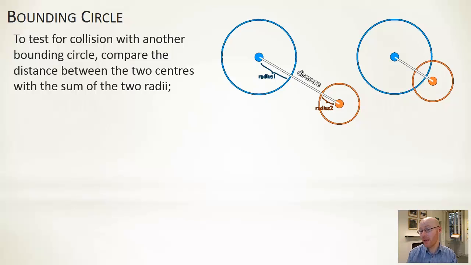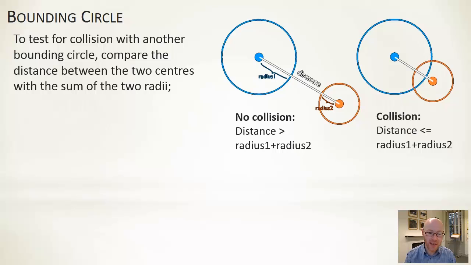So there's no collision if the distance between the centres is greater than the sum of the 2 radii. In that case, there's a separating component. And there is a collision if the distance between the centres is less than or equal to the sum of the 2 radii. And that makes perfectly good sense.